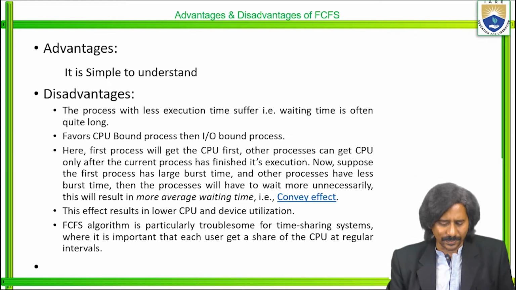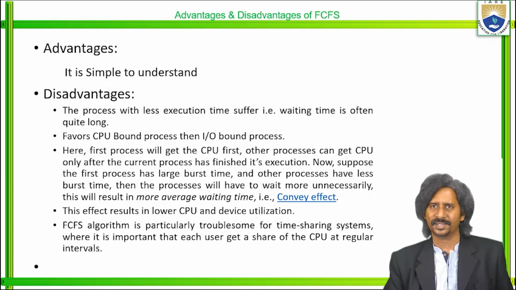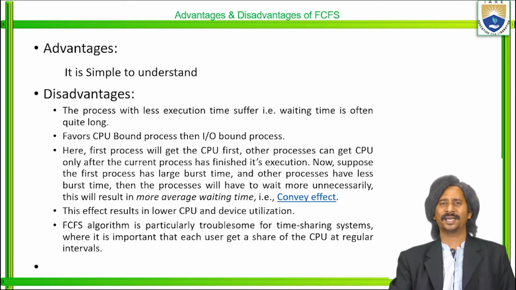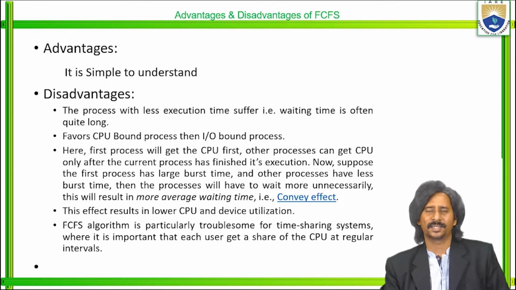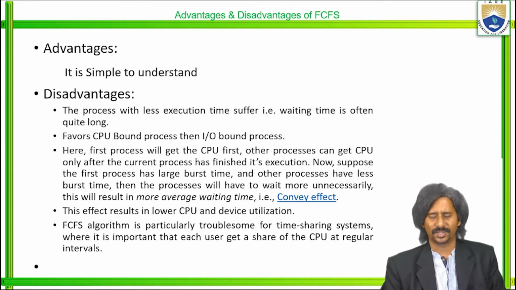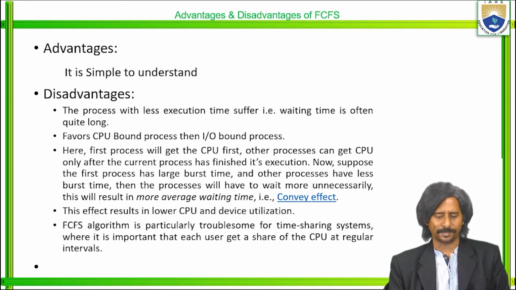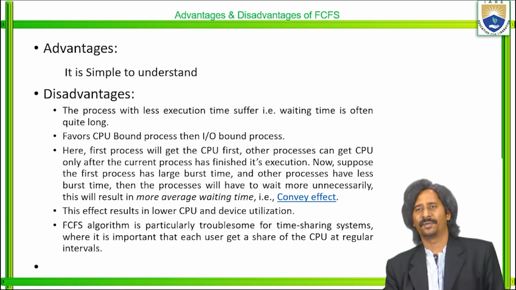Now suppose the first process has a large burst time and other processes have very small burst times. For our understanding, we take the standard example like 24, 3 and 3, whereas in real time it takes much more, like 10,000 milliseconds, 2,000 milliseconds, and so on. That is what we call the convoy effect.